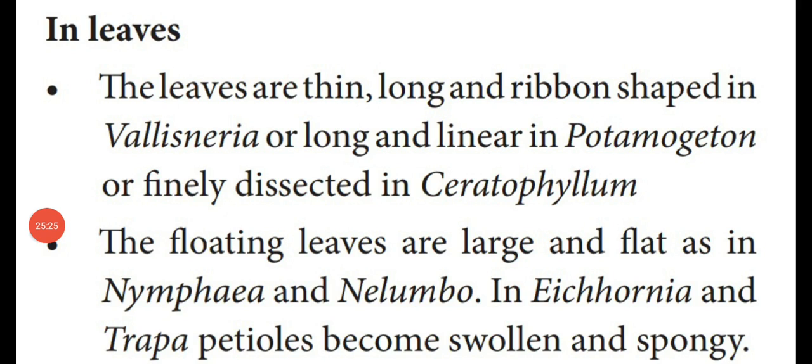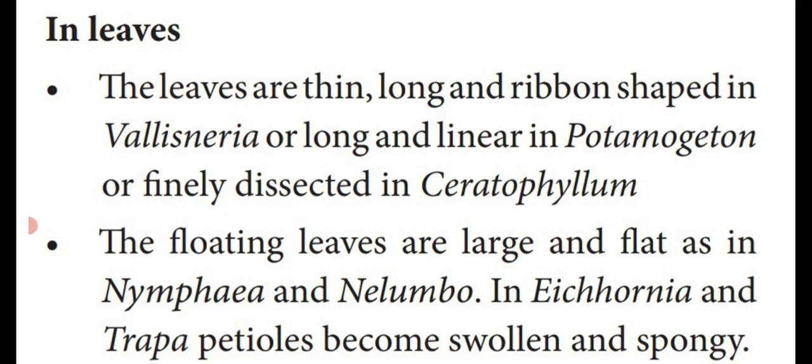Next one, leaves. Leaves are very thin or needle-like, long. Sometimes they may be ribbon shaped in Vallisneria, or long and linear, that means triangle shape, in Potamogeton, and finally dissected in Ceratophyllum, that means look like a palm with fingers.